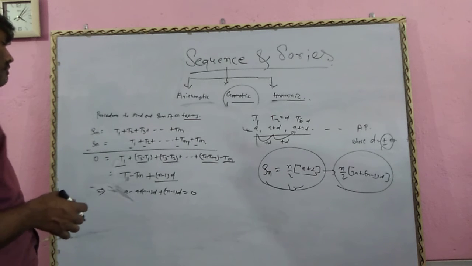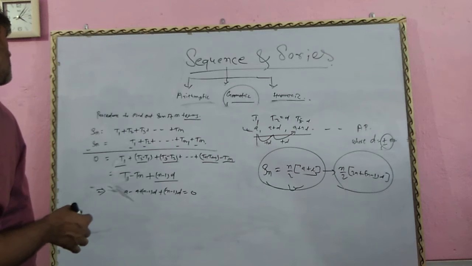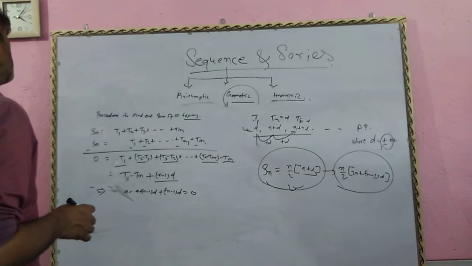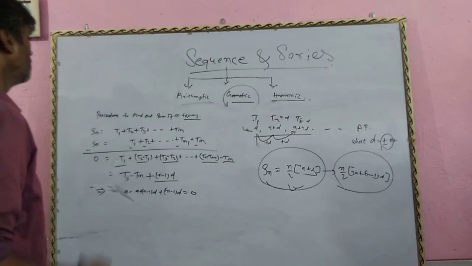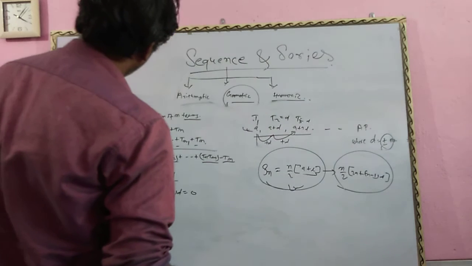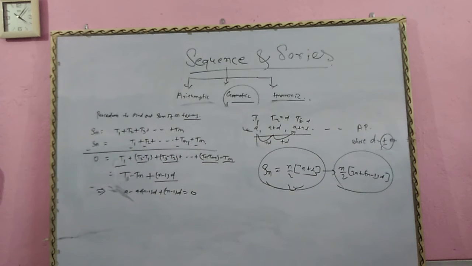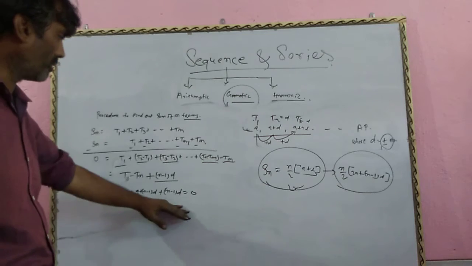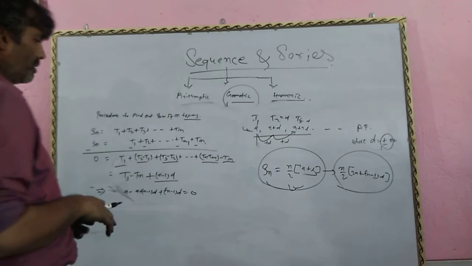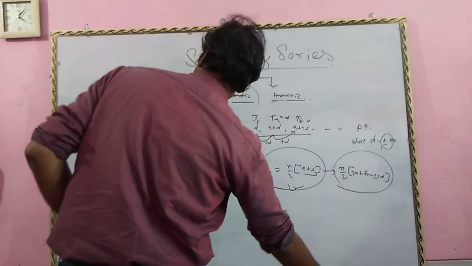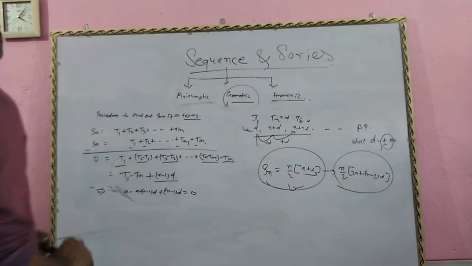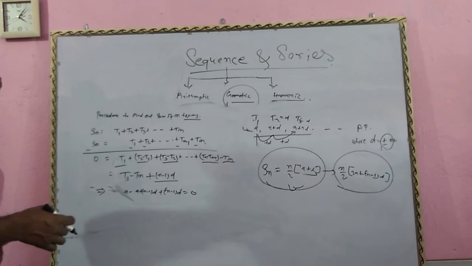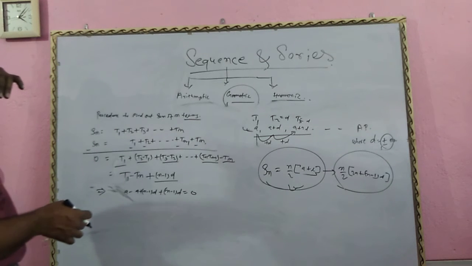We are trying to find the sum of n terms, but this integrates with nothing, so there is no way to find the sum of n terms like this.